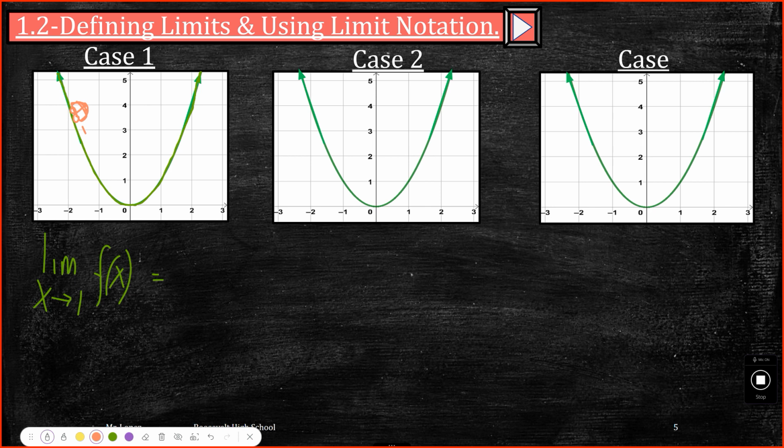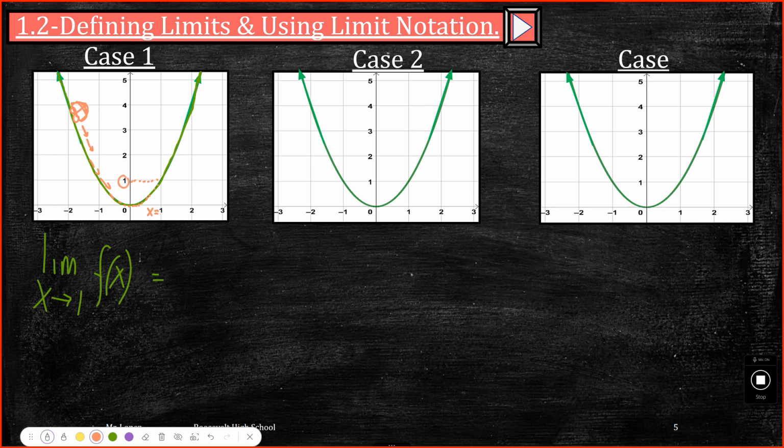The limit as x approaches 1 from the left and from the right: coming from the left, we're driving and approaching x equals 1. As we get closer and closer, what y value are we approaching? The answer is 1.